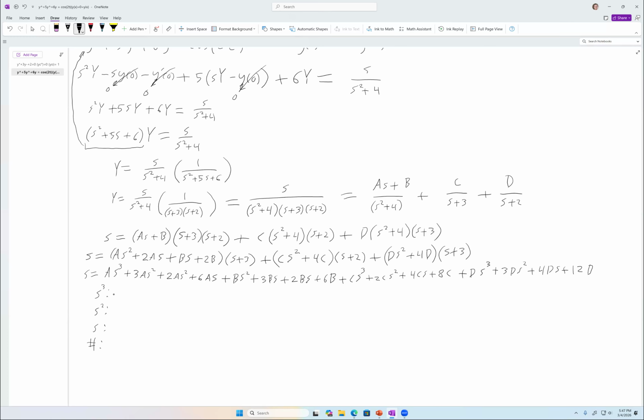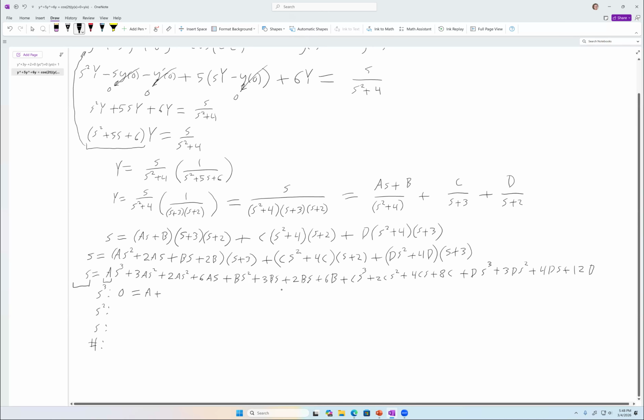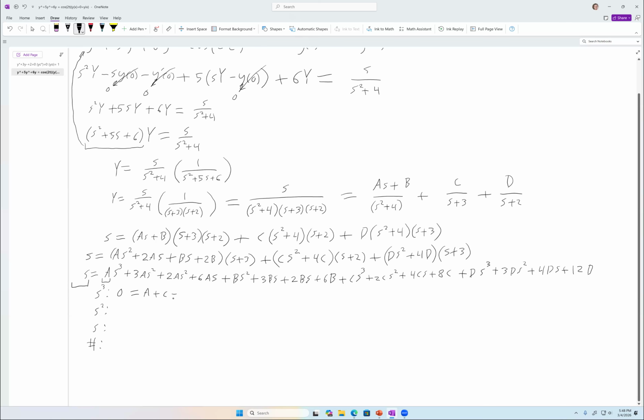So we're going to see how many S cubed terms are there on the left side. Well, there aren't any, so we're going to have 0 equal to this A, plus C plus D. All right, so now let's look at our S squared. We don't have any on the left side either, so we set this equal to 0.